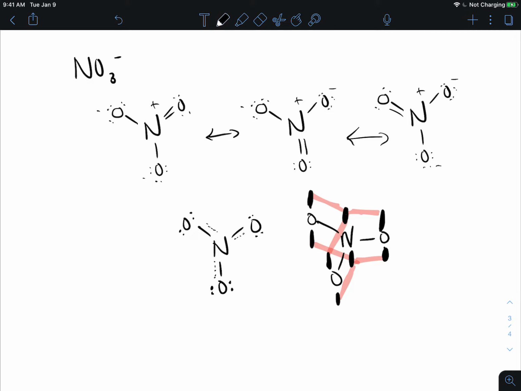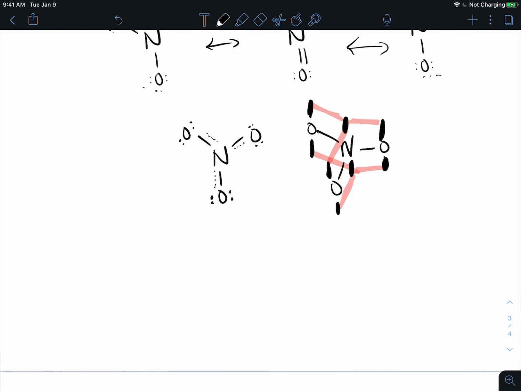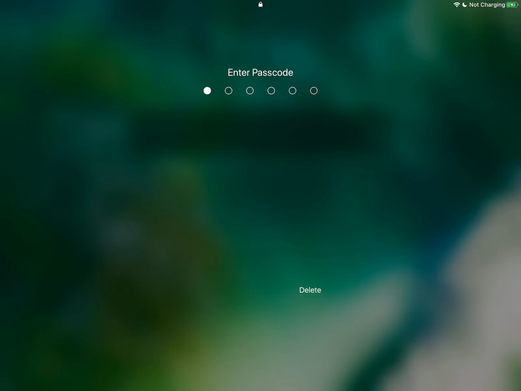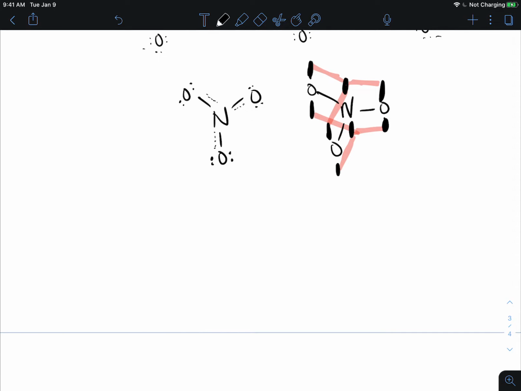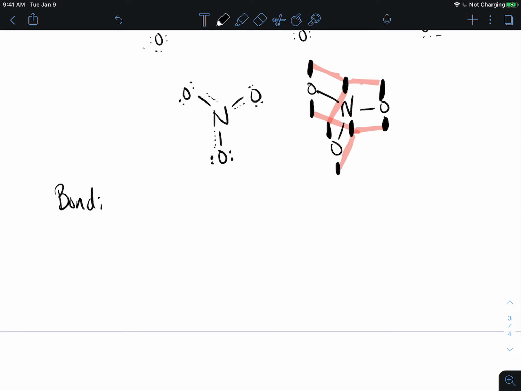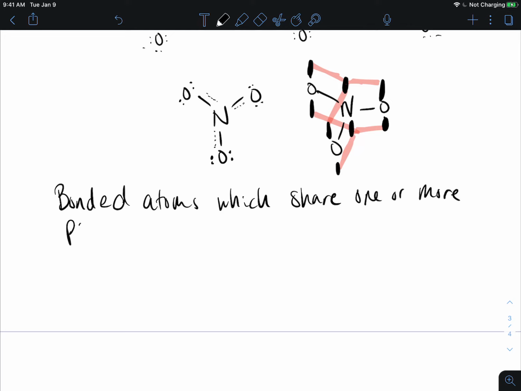Okay, so just some concluding notes about our sigma and pi bonding. When we have bonded atoms that share one or more pairs of electrons, we have a sigma or pi bond. So our bottom atoms would share one or more pairs of electrons.